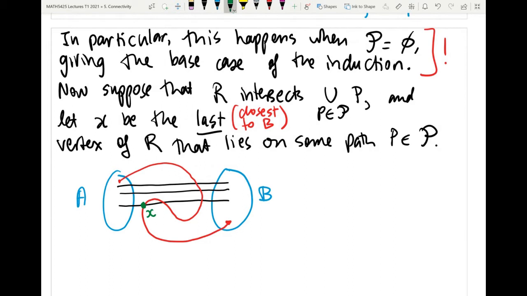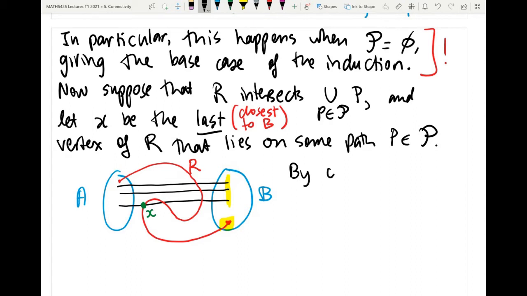Because I'm saying that's the last time it crosses the black lines. And an important thing is, remember when we chose the path R, we said that this vertex was distinct from the vertices in B0. So what that tells you is X is not in the set B.